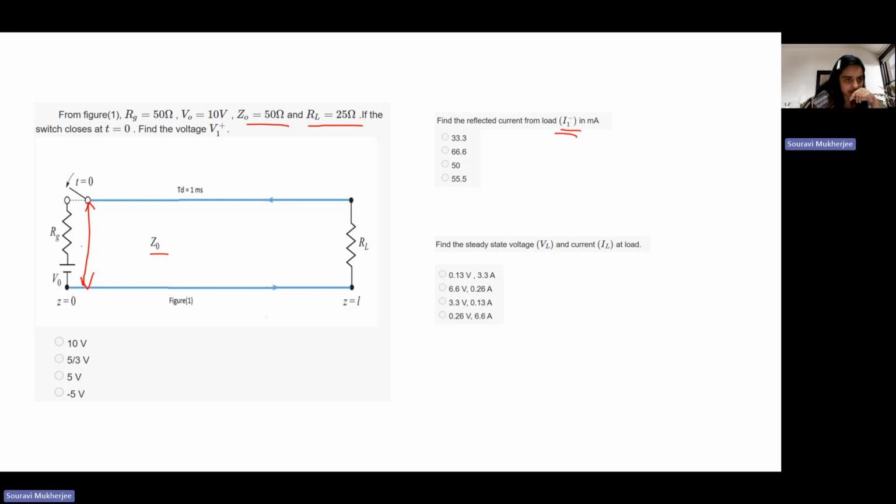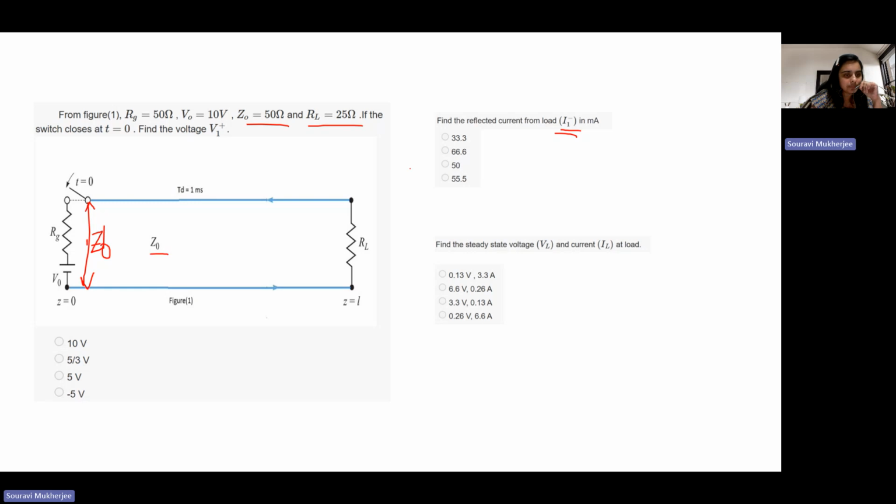So basically, you have to find the current at this end, the generator end. There, the impedance that you have to use is Z naught. So now you know Z naught and you know the voltage that is getting reflected. Then you can just use V equal to IR and from there find the current. That will be your I1 minus.